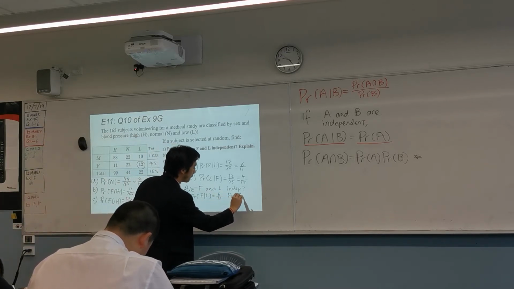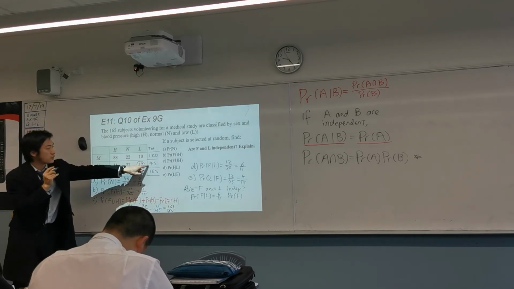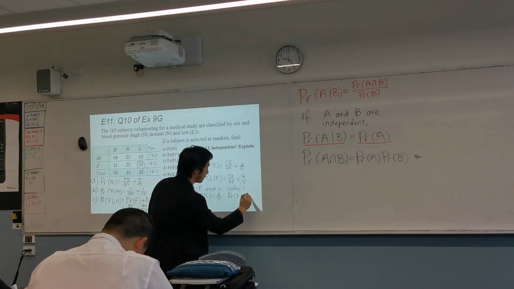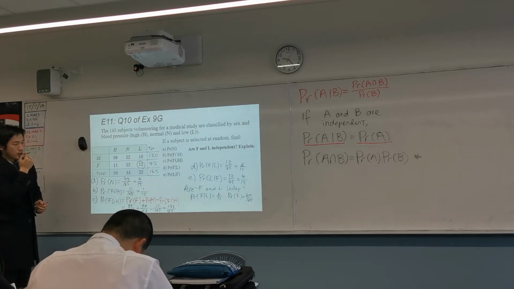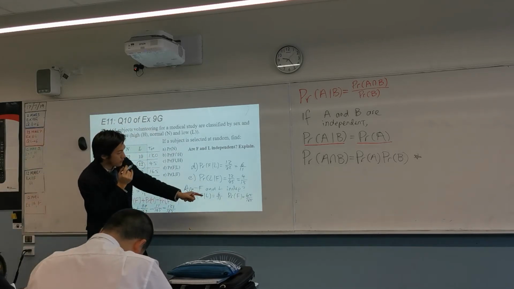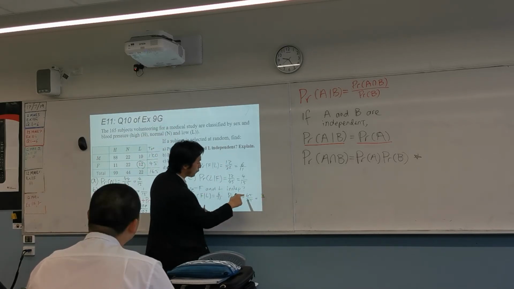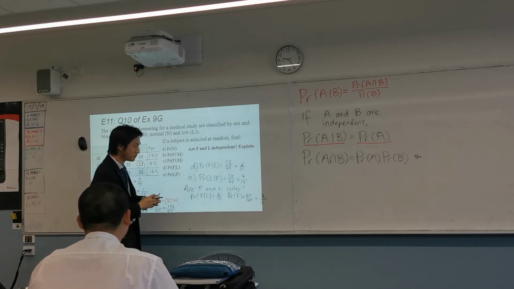P(F). There are 45 females in total out of 165. I can see that both of these numbers are divisible by 15. So 45 divided by 15 is 3, 165 divided by 15 is 11.